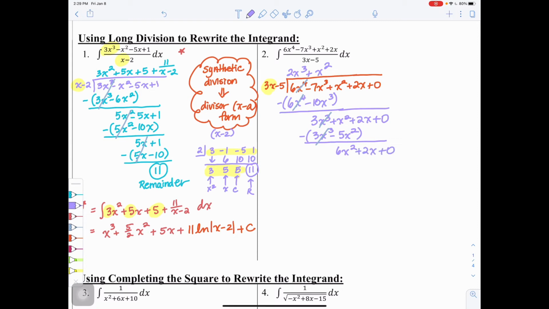Now we can still keep going. 3x multiplied by a 2x will give us 6x squared minus 10x. 6x squareds cancel. 2x plus 10x is 12x plus 0. And we can actually keep going.